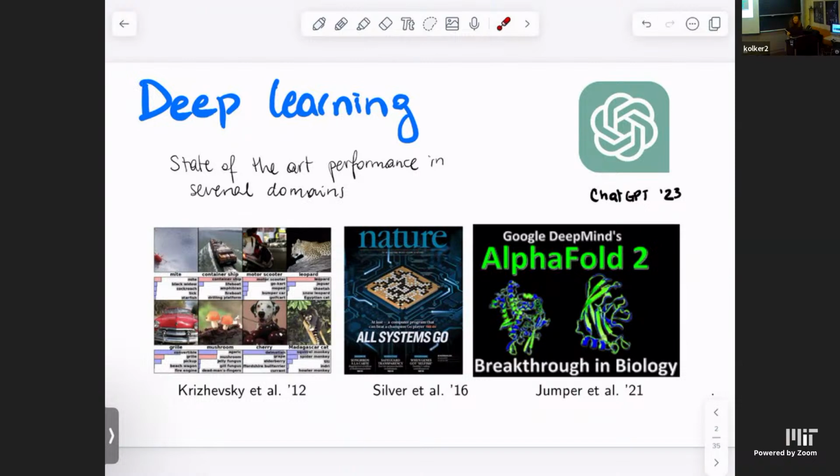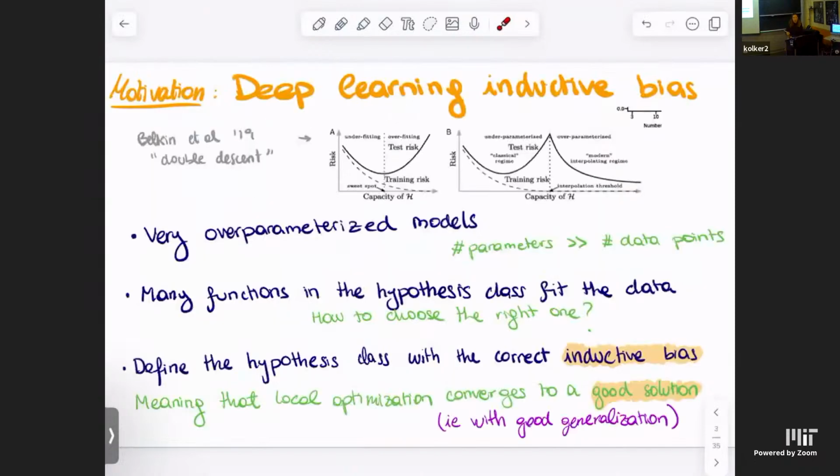One of the properties of these large models is that they are over-parameterized, so you may have way more parameters than data points. So the question is, how do you design the architecture so that the models not only fit your training data perfectly, but also generalize well outside the training data?